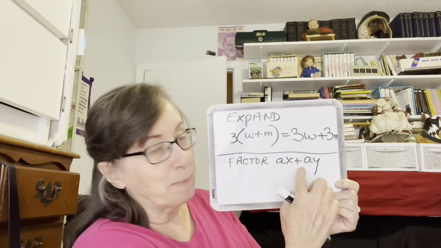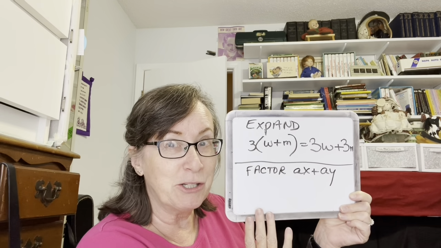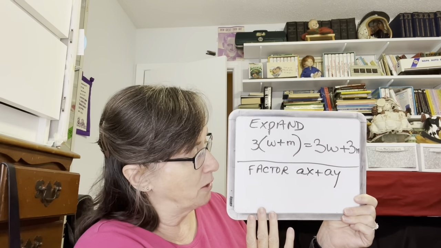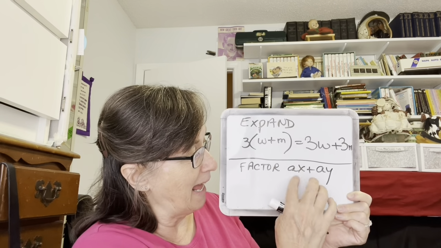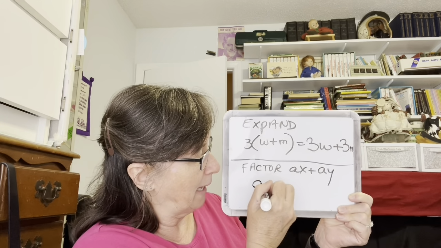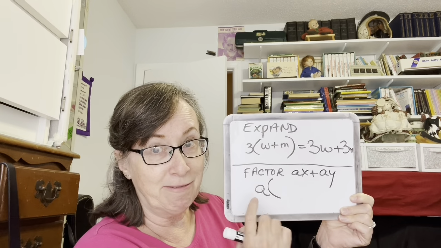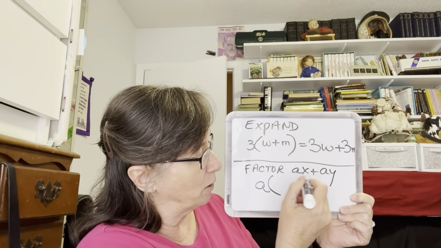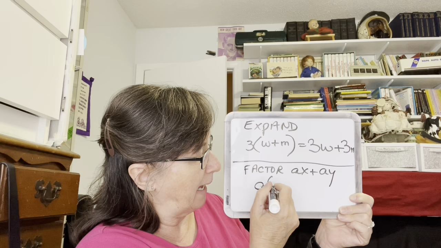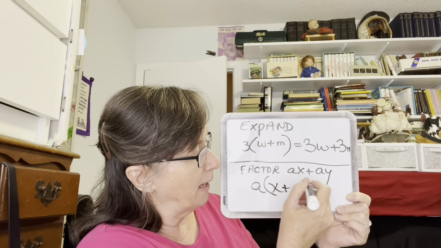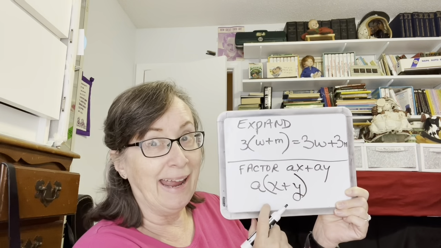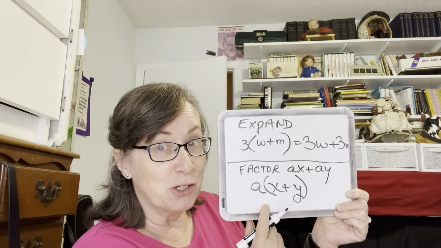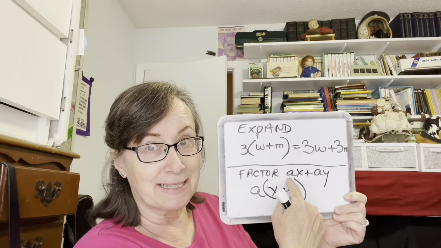Factor AX plus AY. Now think about what you see in common between AX and AY. Hopefully you see an A in both of them. So we're going to pull out the A to the front, the common factor, and then we're going to say AX divided by A just leaves an X. AY divided by an A just leaves a Y. And this expression should be equivalent to this expression.